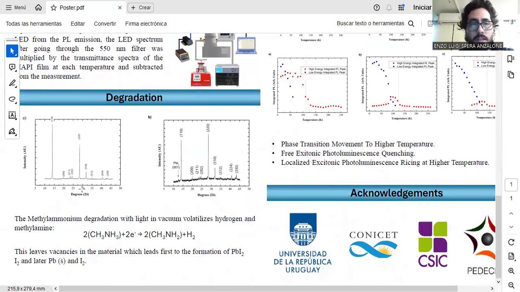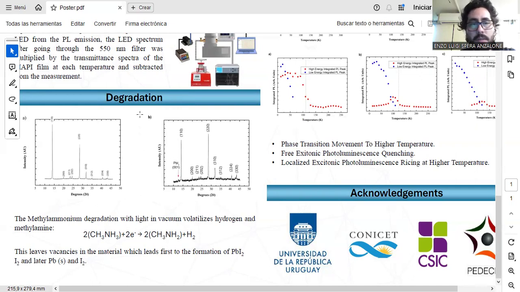After the 3 days of measurement, we can see that these diffractograms show the presence of this subproduct of the degradation, that is lead iodide.